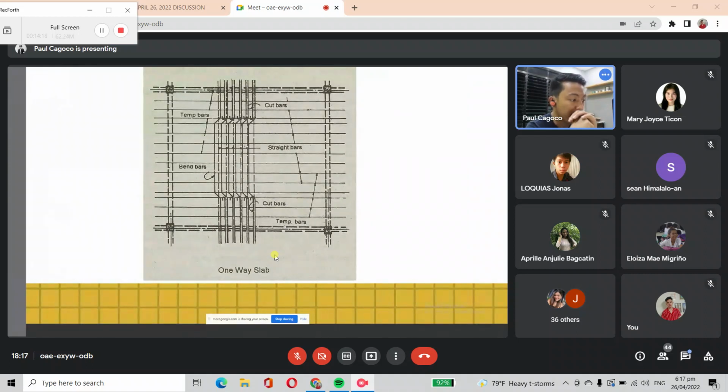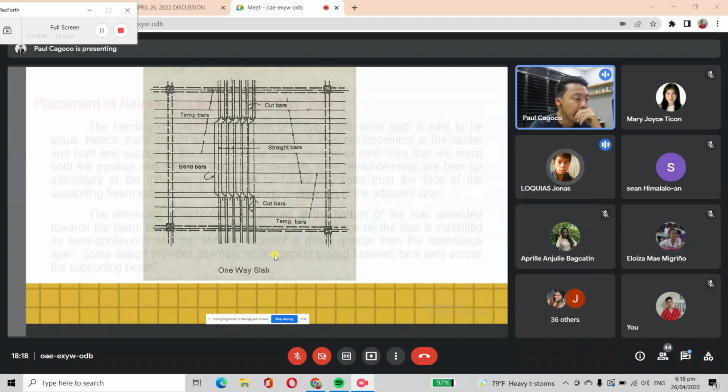So kana diha spacing sa duha ka bent bars, gabutang ka og cut bars. So pila may spacing sa cut bars? The same. In between duha ka bent bars is cut bars. Since 0.30 ang bent bar spacing, ang imong cut bars is in between sa duha ka bent bars. So that is 0.15 gihapon, the same sa straight bars. Kuha ra?